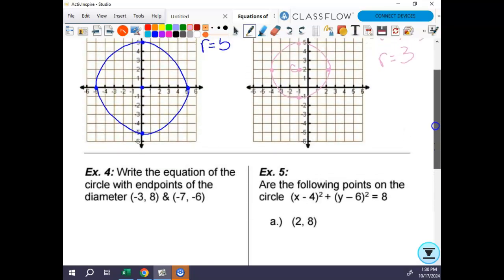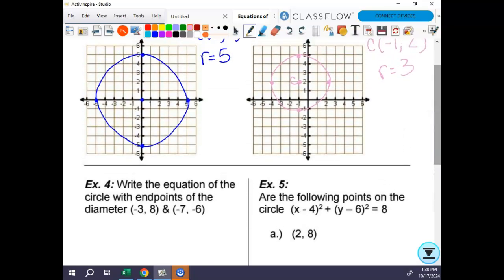Let's go back up here and let's just look at, I mean, we know what the center is and everything, but so this right here, this will be my diameter, yes? So here are the endpoints of the diameter. Where is the center in relation to the endpoints? The middle, exactly. It's in the midpoint, okay?